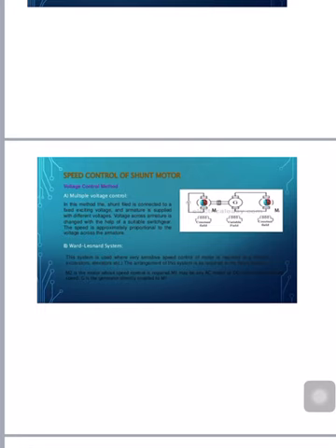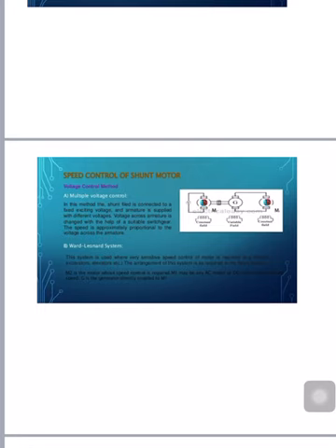The speed of that motor is constant, and when the output voltage of the generator is fed to the motor, the motor starts to rotate, and when the output voltage of the generator varies, the speed of the motor also varies.